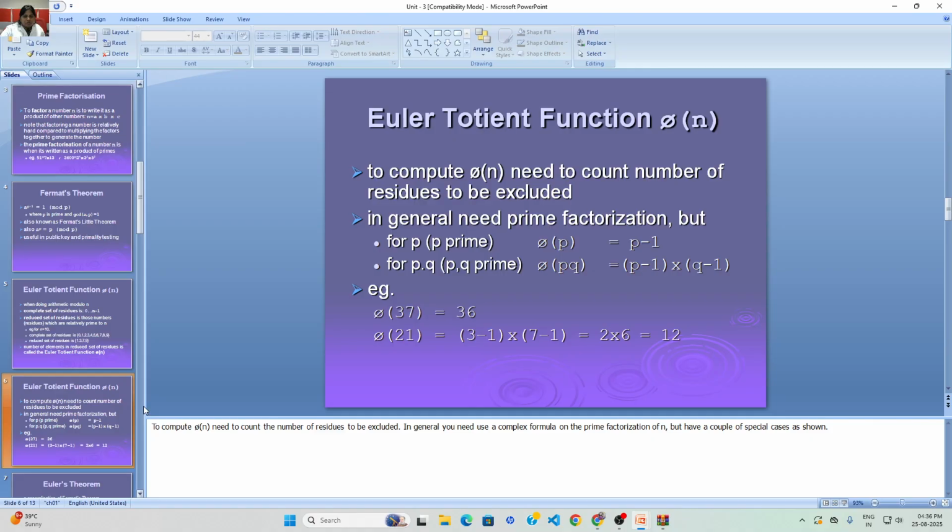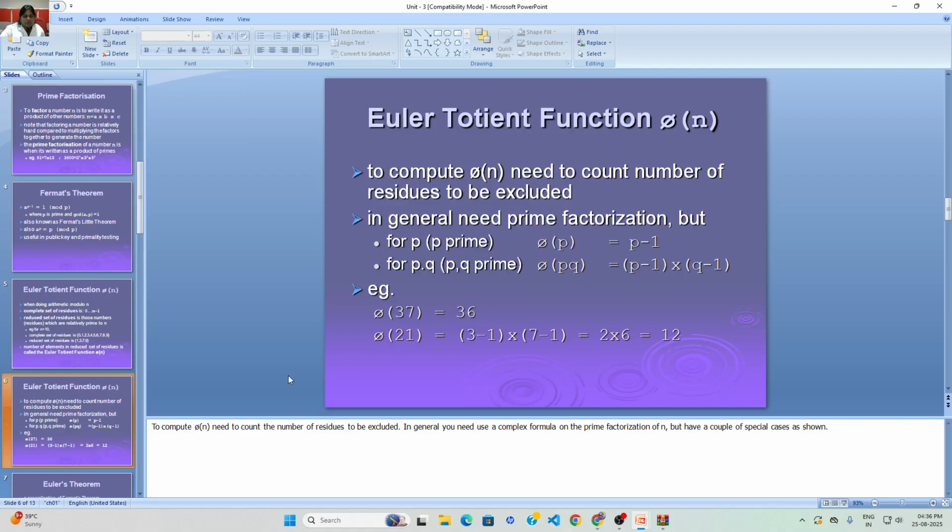To compute phi of n, we need to count the number of residues to be excluded. So phi of p equals p minus 1, and phi of pq equals p minus 1 into q minus 1. For example, phi of 37 equals 36. Phi of 21, where 21 is 7 times 3, using the formula is 3 minus 1 into 7 minus 1, which equals 12.